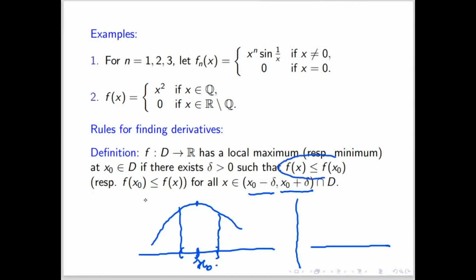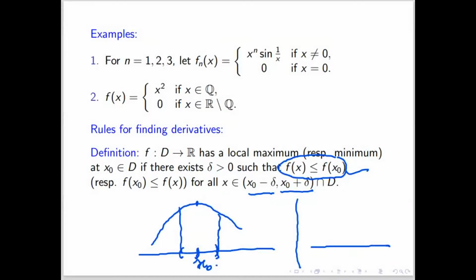That means f of x0 will be greater than f(x) for all x you choose from x naught minus delta to x naught plus delta. Then x0 is the maxima, and it is in the neighborhood of that. That's why we are calling it local maxima.